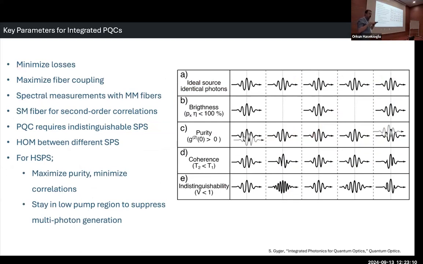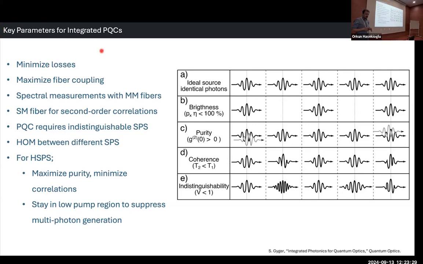So in the end, what we need to consider is that we need to minimize the losses. Since we are working at very low powers, at the single photon level, and material science related, deposition or e-beam related losses are very impactful on the system, we need to reduce the input and output coupling losses.